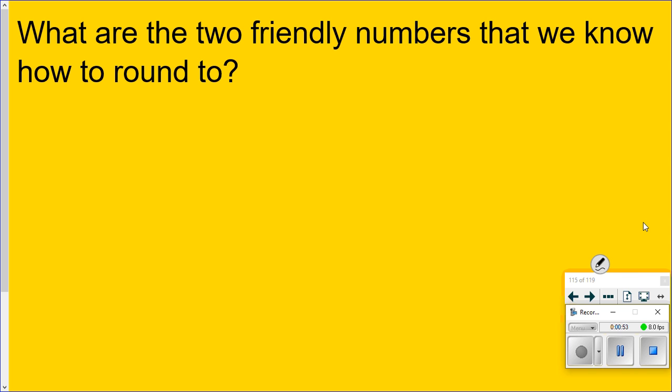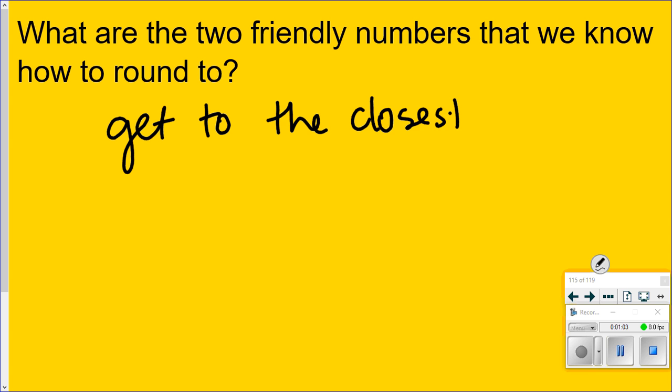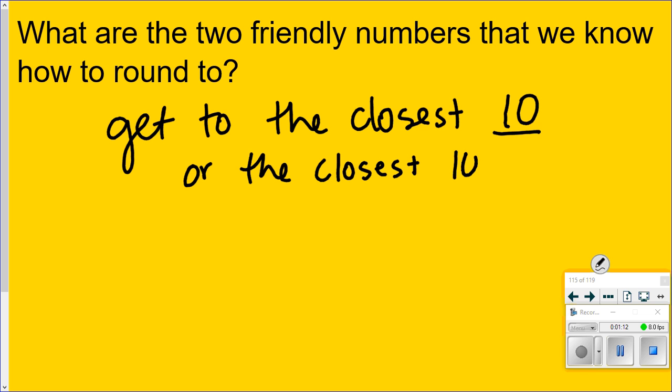Yeah, when we are rounding, we are trying to get to the closest 10 or the closest 100. Those are our friendly numbers that we are trying to get to when we are rounding.